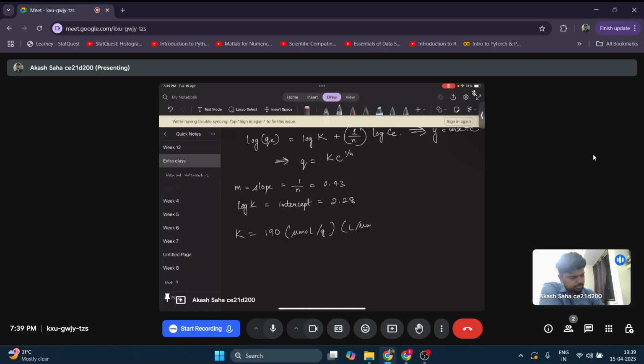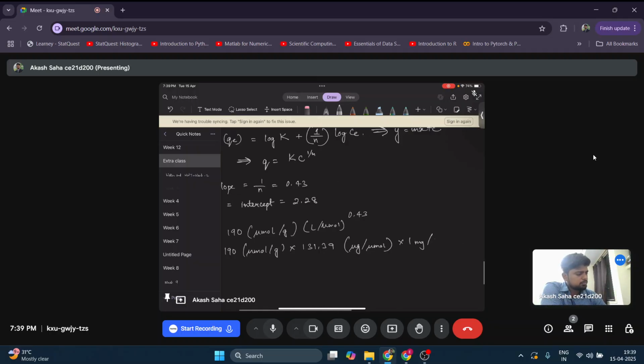You have to take care of the units, to the power 0.43. So I can change it to 90 mmol per gram into the molecular weight of TCE, 1000 mg into some other terms.